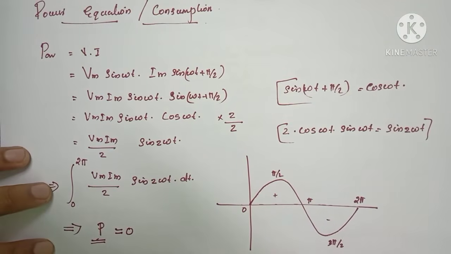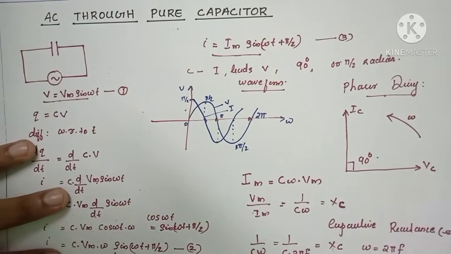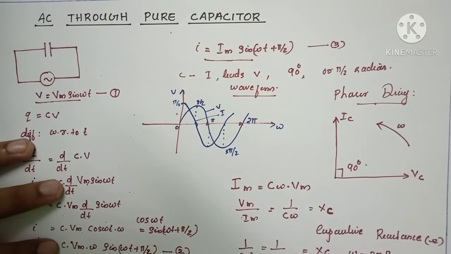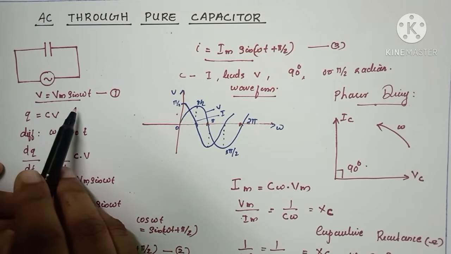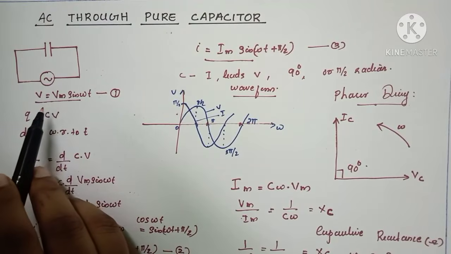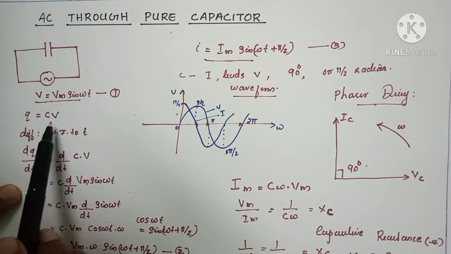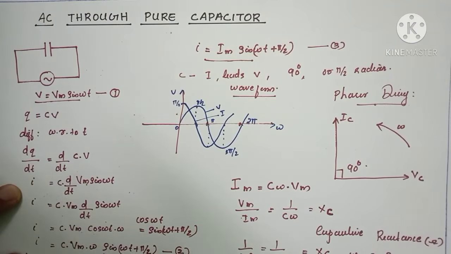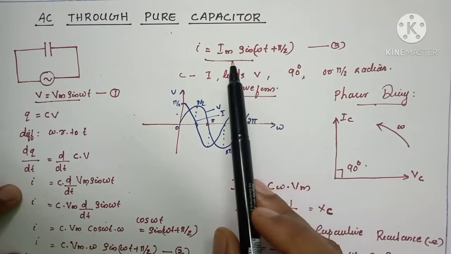Okay, these are the major important points about a pure capacitor when it is supplied by an alternating source. The voltage supplied by the source to the capacitor is Vm sin omega t. Q is C into V. Differentiating this Q, we get the instantaneous value of current, that is I is equal to Im sin(omega t plus pi by 2).